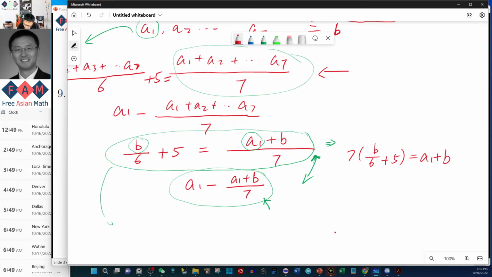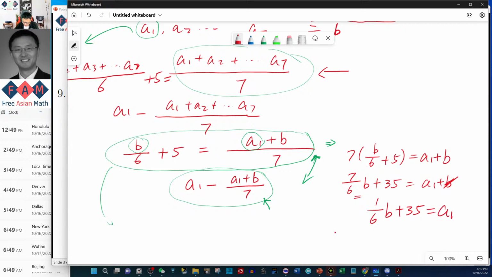And on this side, we get 7 over 6 B plus 35 equals A1 plus B. But this is slightly more than 1B, because you multiply 7 by a 6-number average, so you get one extra number. So you can cancel out the B from the right side. Essentially you get 1/6 B plus 35 equals A1.